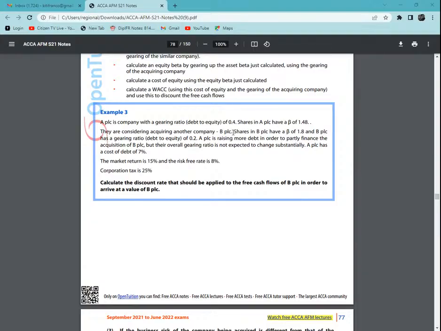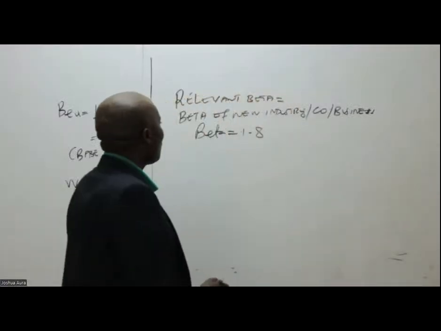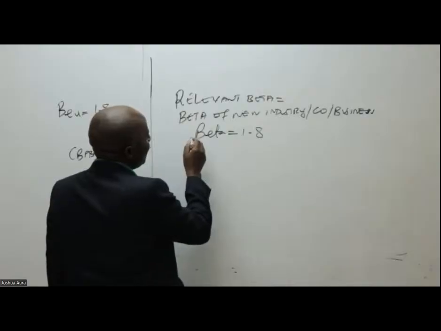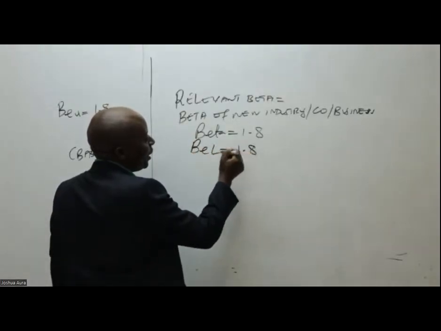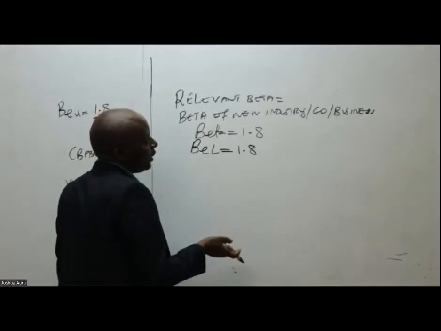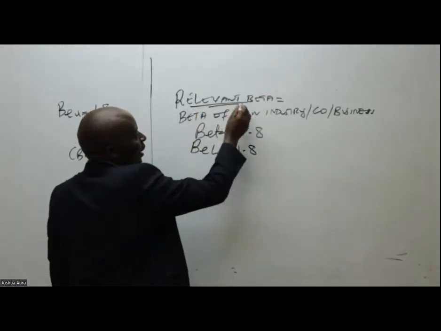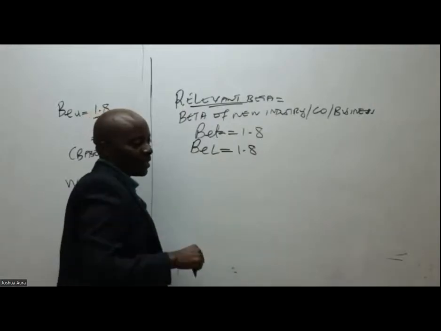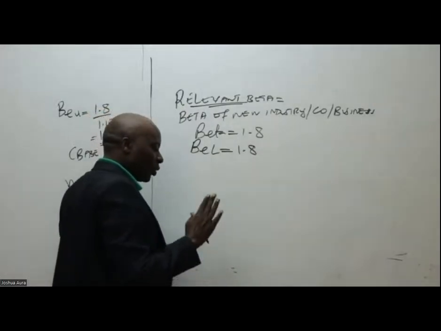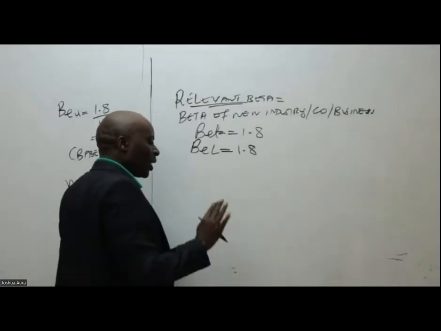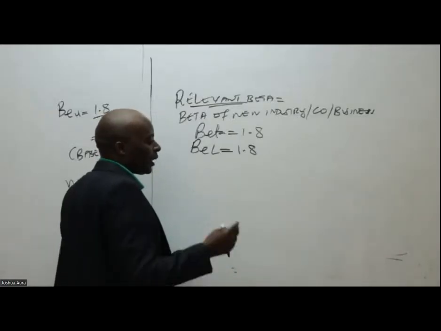And if it's a levered firm, ladies and gentlemen, then what I'll need to conclude here is that this beta is beta equity of a levered firm, which is 1.8. And the concept is very easy: this relevant beta has to be ungeared. So that now, when this firm goes to this new industry, they'll decide later on to bring in debt and what percent.